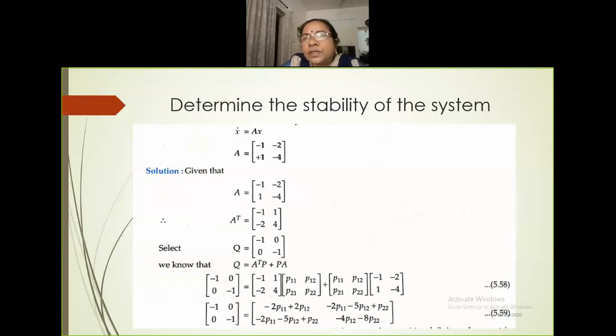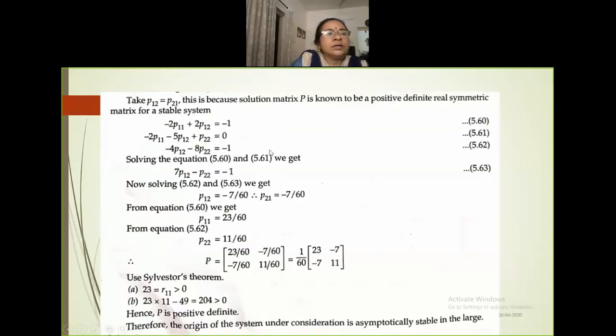Getting? Clear? Q is equal to A transpose P plus PA. This is the Q we assumed. This is A. P is P11, P12, then PA. Simplify it. Solve the equation. Get the values of P11, P12, P21, P22.